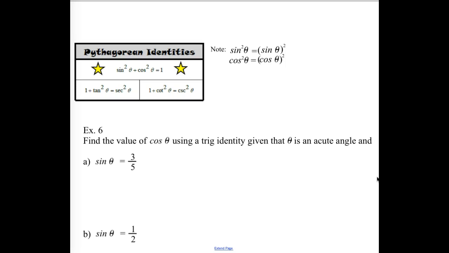I did put a little note on the side here. The notation, when we write sine squared of theta, we're really saying find the sine of theta and then square that answer. But we put the square in front of the theta symbol because if students aren't careful with their parentheses, then you're just squaring the angle, not the sine of the angle.